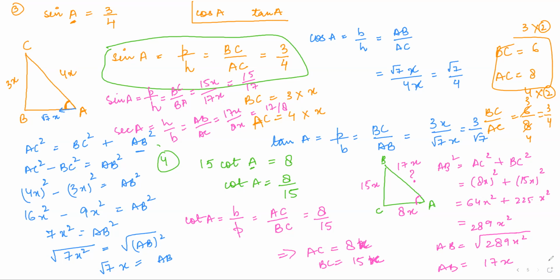Next question now. Question number 5. Given sec theta is 13 by 12. So here ABC is not written, it's written theta, so it doesn't matter. You draw any right angled triangle and give it some name, ABC.